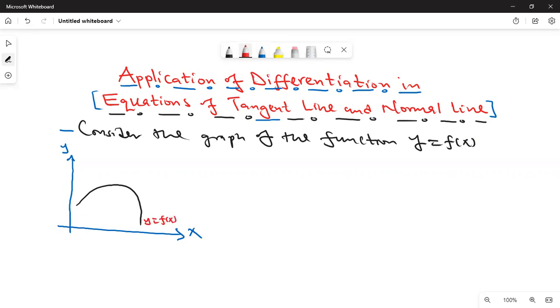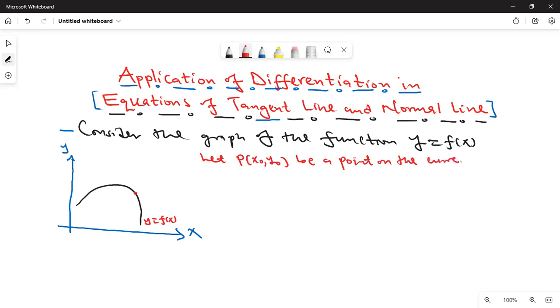So at this point, let's call it point P. You can talk of let P(x naught, y naught) be a point on the curve.